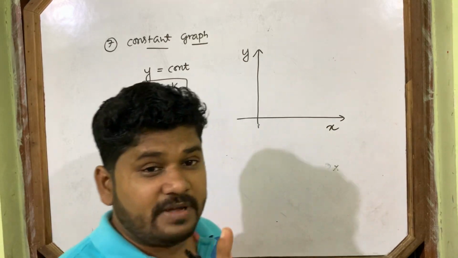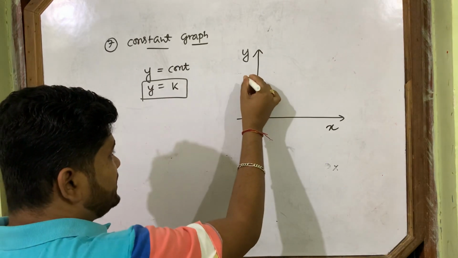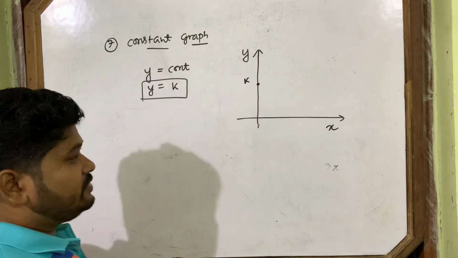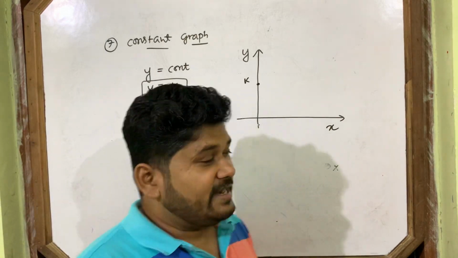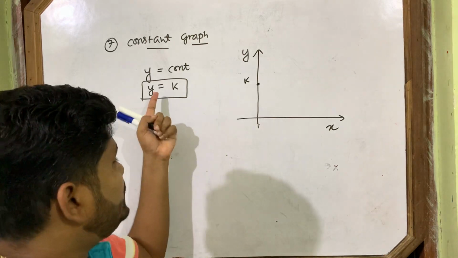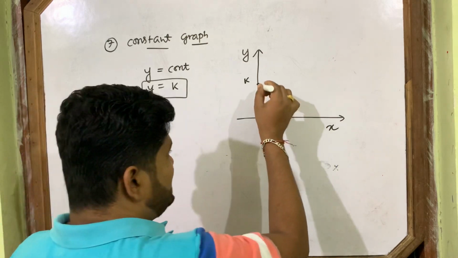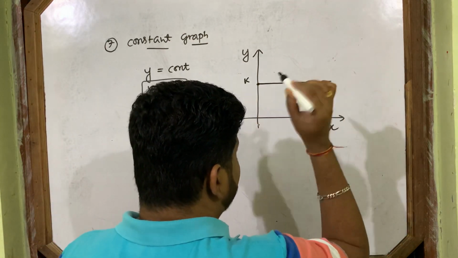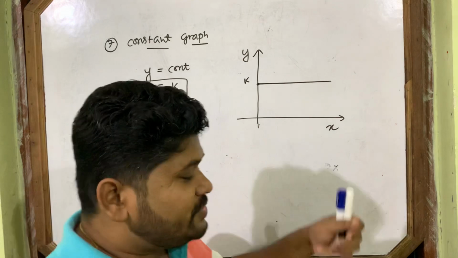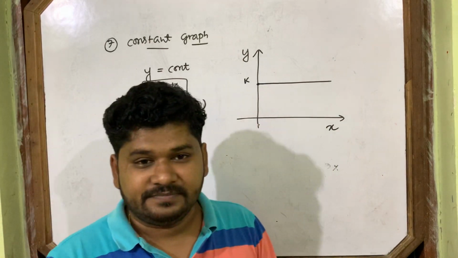So when x increases, there is no effect on y. Y always remains constant. So the graph will be a straight line parallel to the x-axis, because here y is constant.